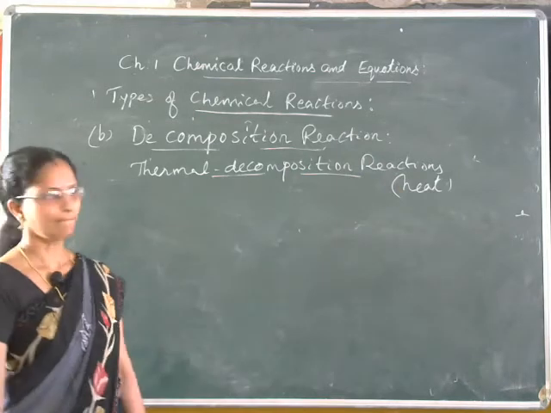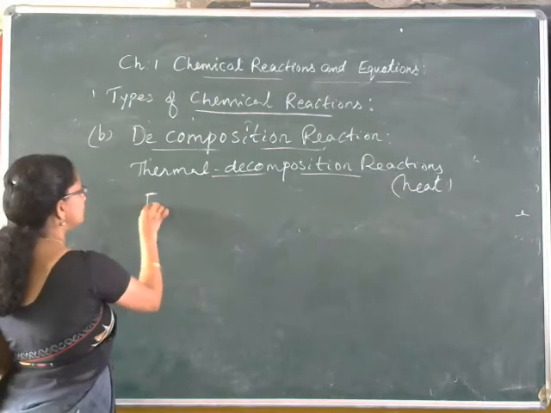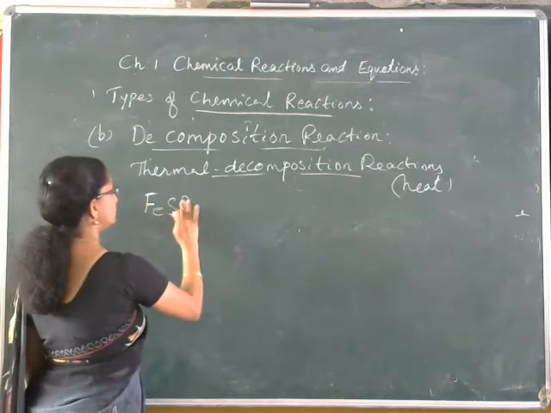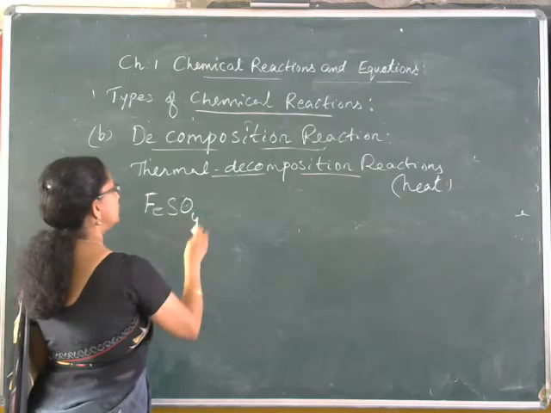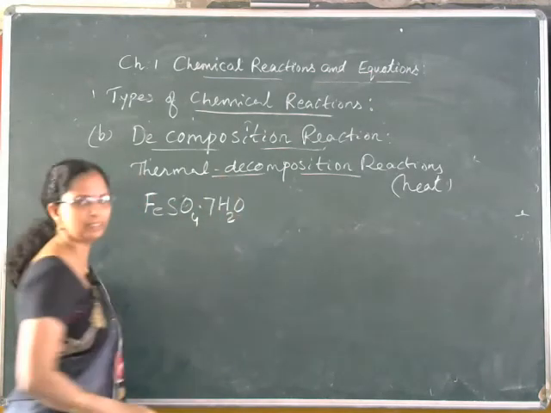For example, if we take ferrous sulfate, FeSO4·7H2O, which are green crystals.